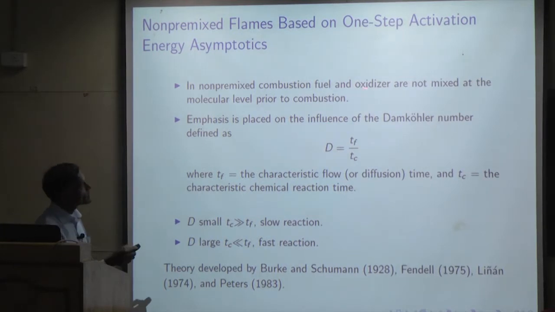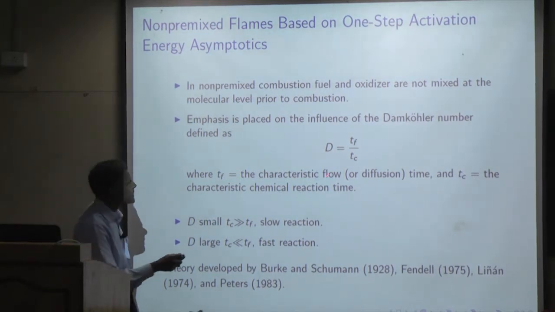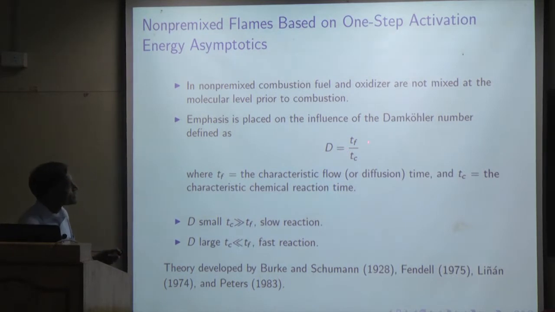Now, it turns out that in non-premixed combustion, a very important parameter appears, and that's the Damköhler number. The Damköhler number is defined as the ratio of a flow time to a chemical time, and this plays a central role in non-premixed flames. Tf is a characteristic flow time or diffusion time, and Tc is the characteristic chemical time.